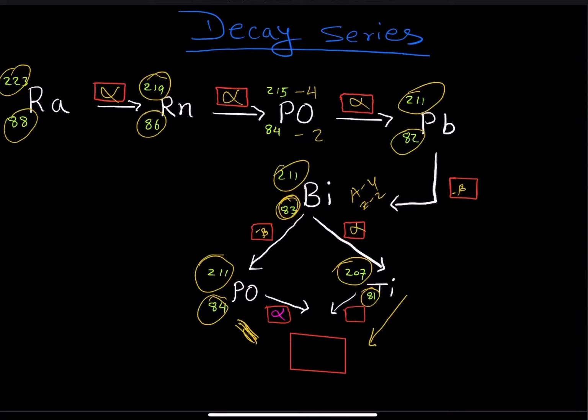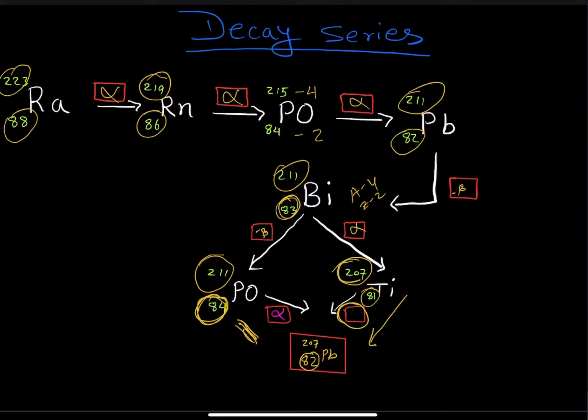If you have Po and it goes through alpha decay, we have to subtract 4 from the 211 and subtract 2 from 84, so it's going to be 82, and the top value 207. Looking at the periodic table, 82 is Pb, so alpha decay gives you this result. That means we have to predict here right now.